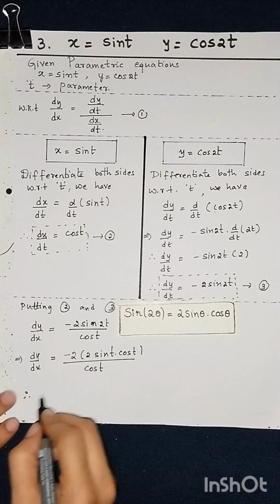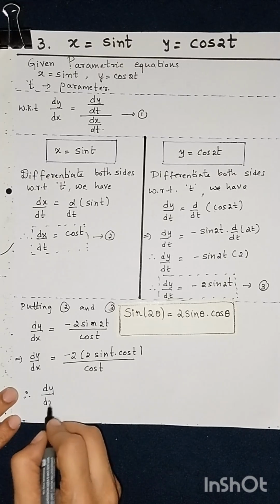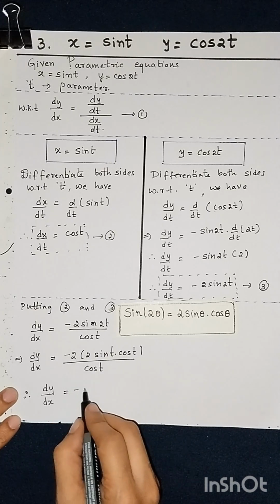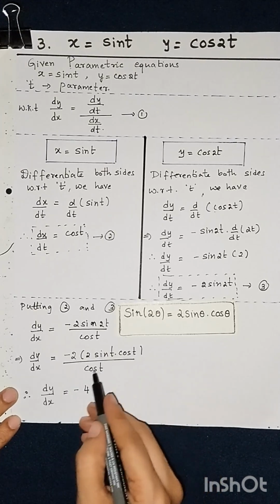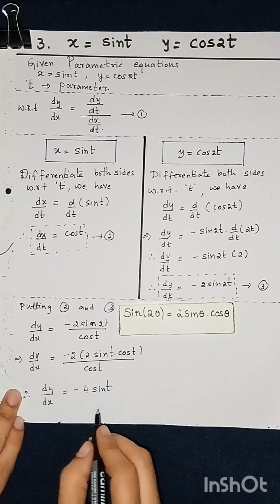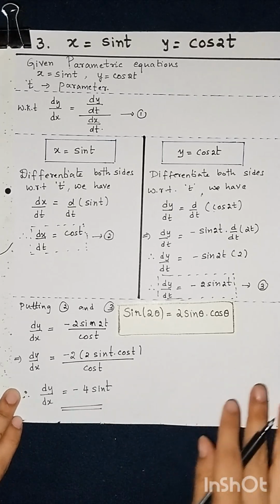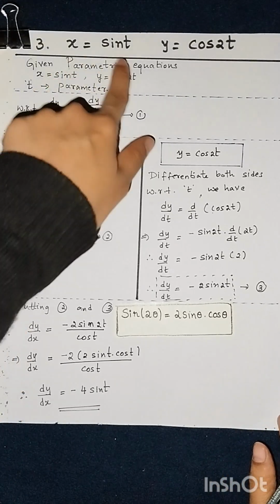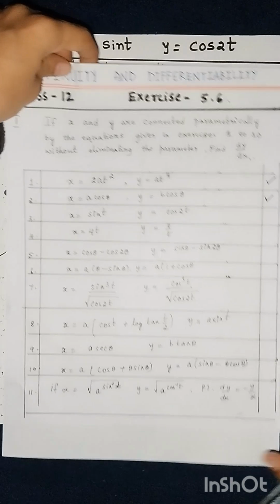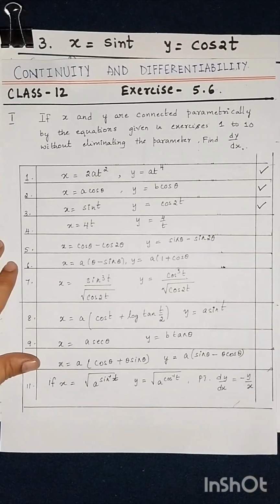Now dy by dx is equal to, so here we will multiply: minus 2 times 2 is minus 4, cos t by cos t is 1, so we are left with minus 4 sin t. So this is the derivative of the function x is equal to sin t, y is equal to cos 2t. So we completed the third one.